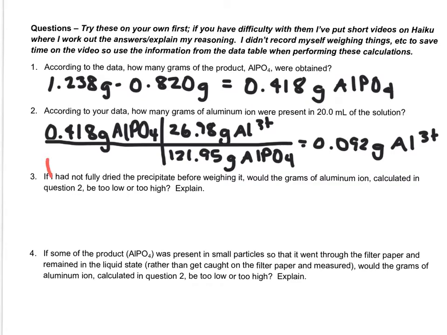I could have gone from the mass of the aluminum phosphate to the moles of the aluminum phosphate to moles of aluminum ion, and it would be a one-to-one relationship between the moles of the two things, and then using the molar mass to the grams of the aluminum ion. So if you're more comfortable doing it that way, closer to how we do most of our stoichiometry problems, that's fine. As I said before, there's different ways to do the math, but either way you should get the same answer.